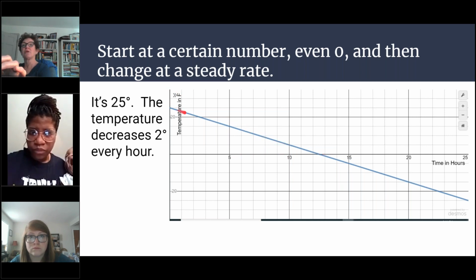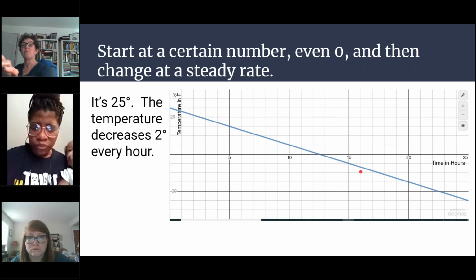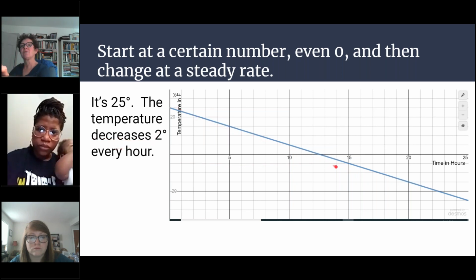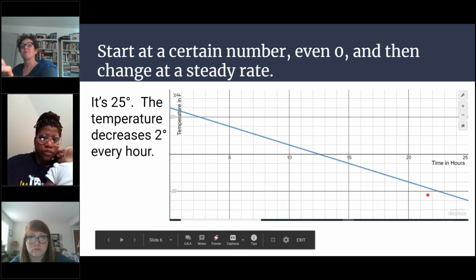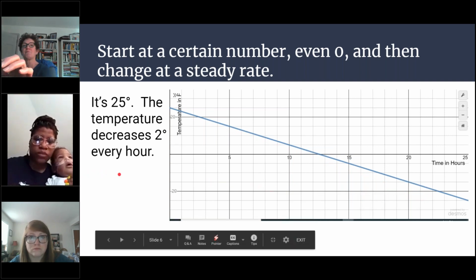And so I can look at this line and it will tell me at any given point what the temperature will be, or if I know the temperature, what time will that be? So I can look at it either way. Notice that because this is decreasing, our line is decreasing, going down in this direction. So that would be a negative slope.